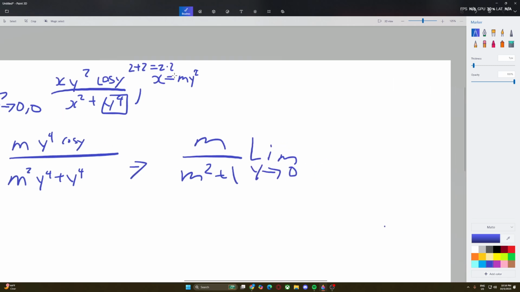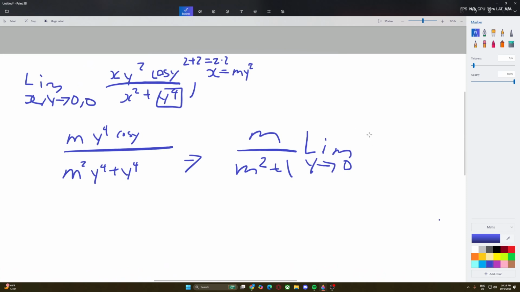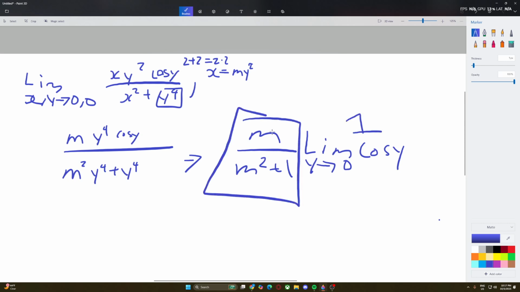I'm excluding the x because I don't care about it. And cosine y is just 1, and there you go. That's how you prove that for any m value along this path, the limit will change based on m on this curve x equals my squared.